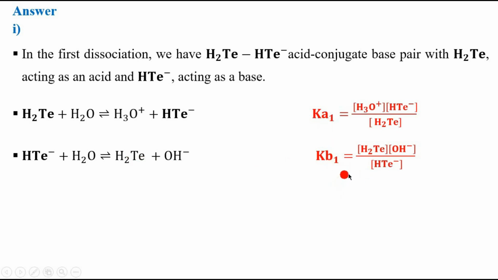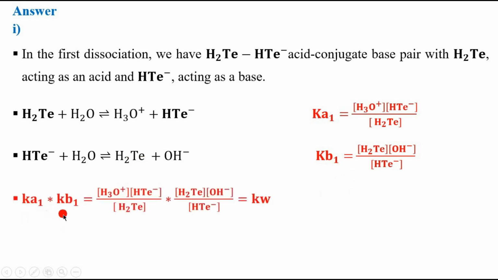Let's see. So Ka1 times Kb1 is this term times this term. Then you get Kw, because if you check, this one will be cancelled with this one. Then that means Ka1 times Kb1 will be equal to Kw. So we have shown that. Then they are saying if now we have the Ka, which is equal to 2.3 times 10 power negative 3, then what will be the Kb?